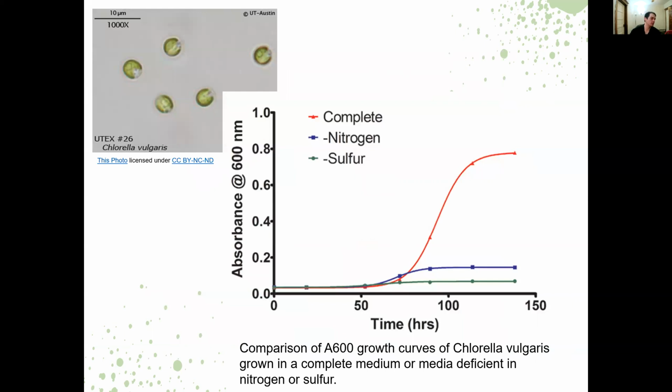So here's an example of how that was used. This absorbance at 600 nanometers was measured, and this is the amount of time in hours, and this is how they plot the growth.